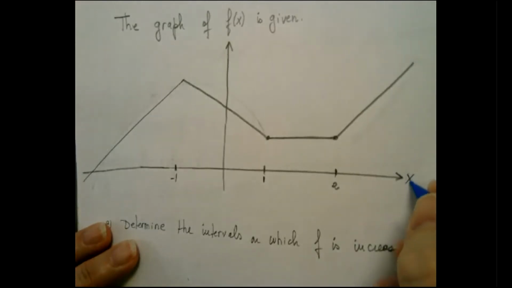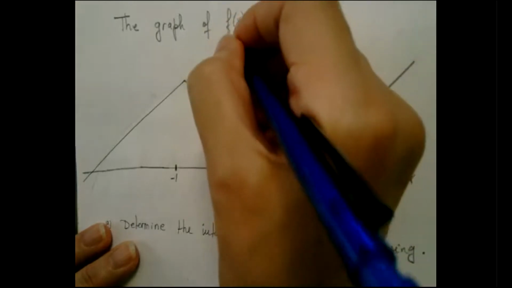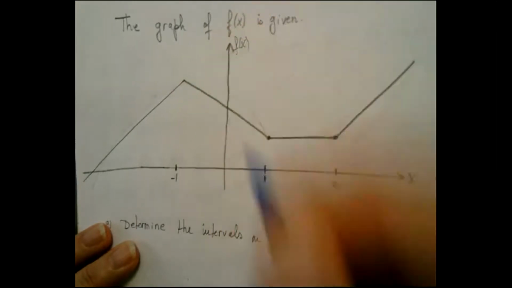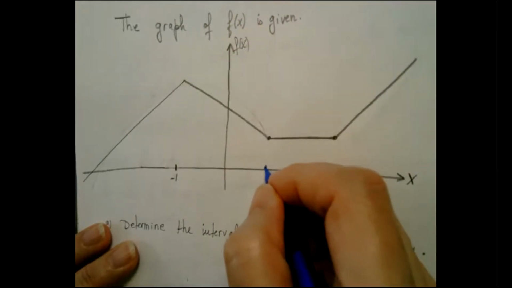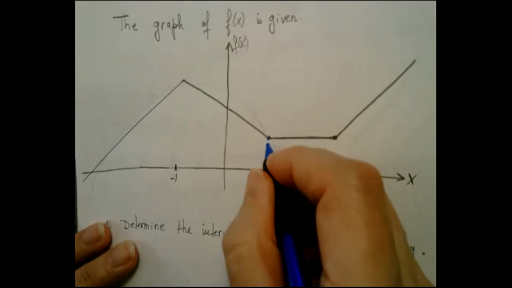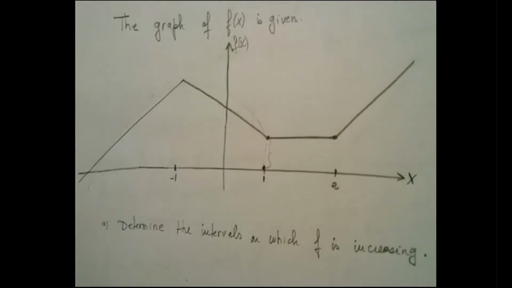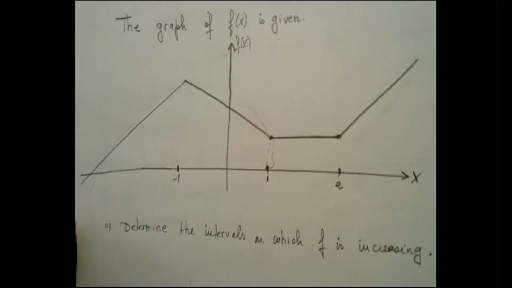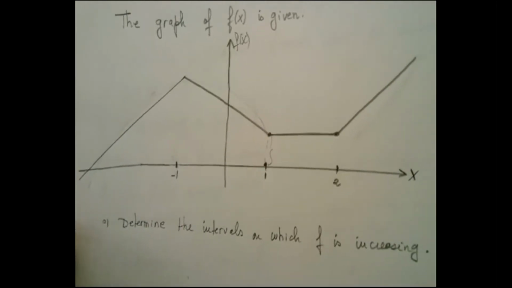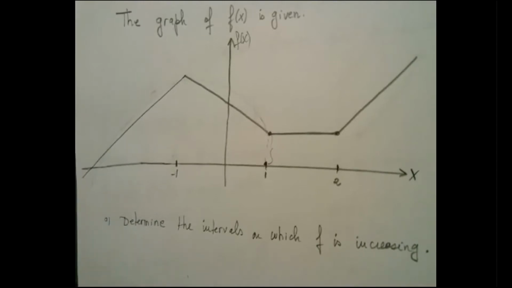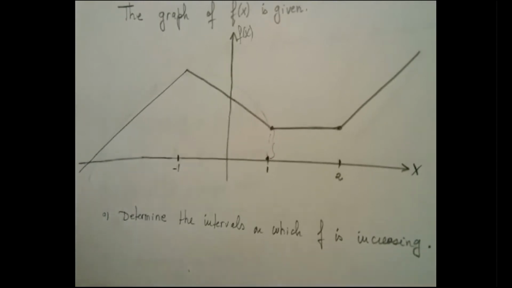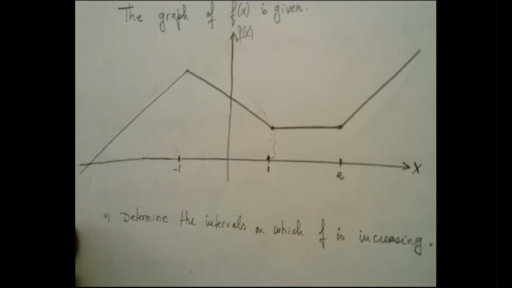These are the input values here, and the output values here. The rule is that for every input, the output is given by this vertical distance. Now the question is, determine the intervals on which f is decreasing and on which f is increasing.